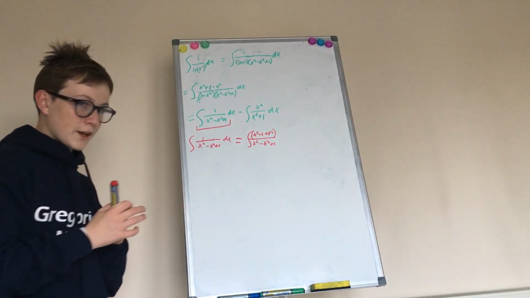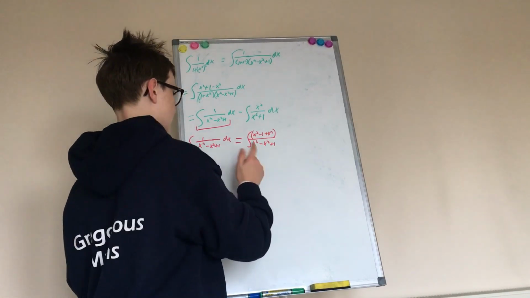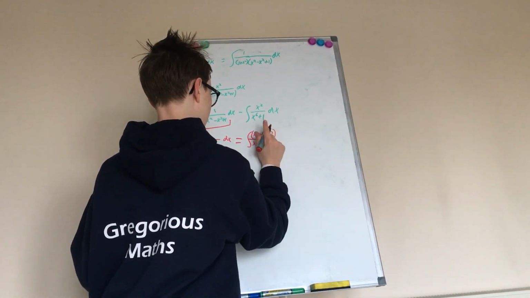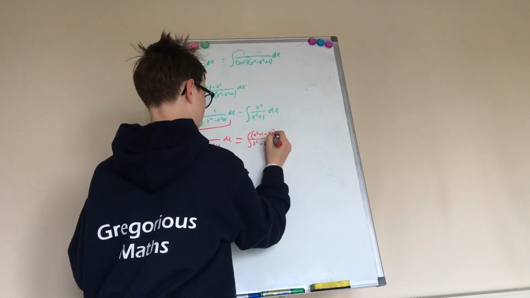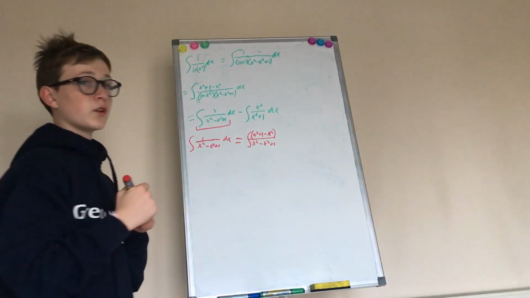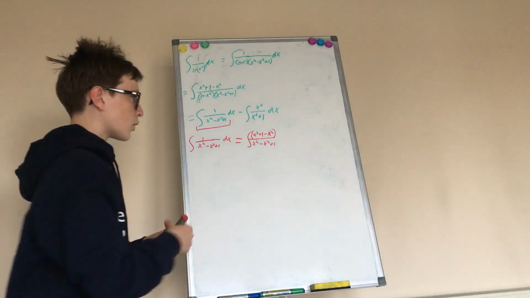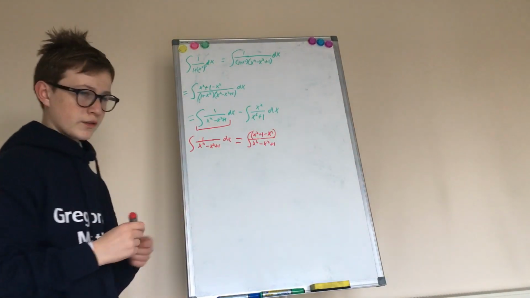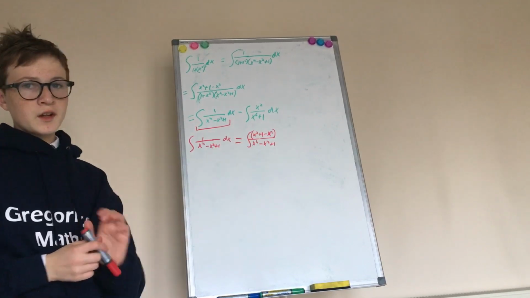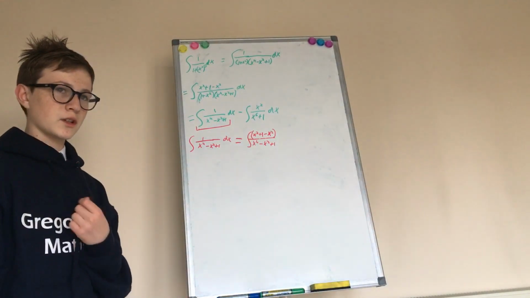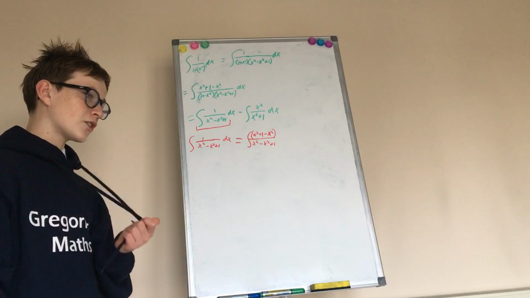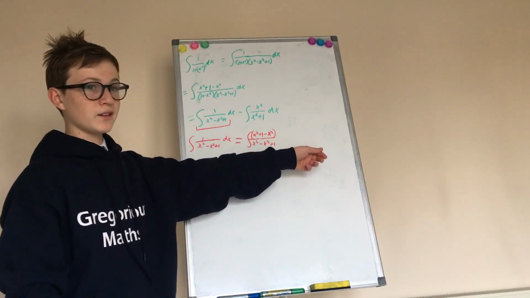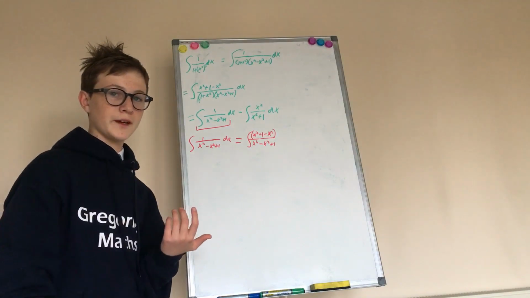The problem is, minus, this should be a plus. The problem was, when I split it up, this factor here, this x squared over this, that just didn't work out nicely for me. However, I noticed that if I just put a minus 1 on the end, everything would be perfect.